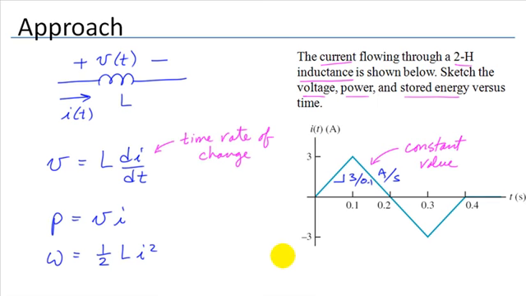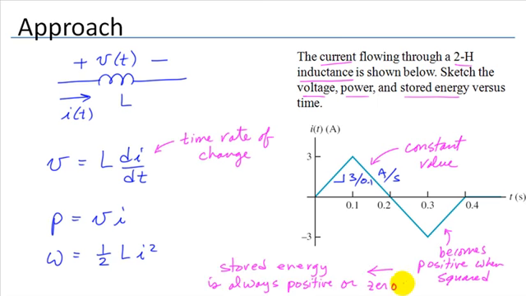When we square the current, we see that we have one section of the current that's positive and another section that's negative. So the negative portion becomes positive when squared. And it's useful to remember that the stored energy is always positive or 0, never negative.